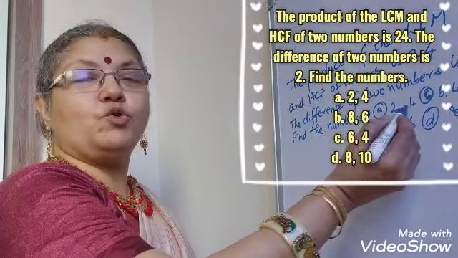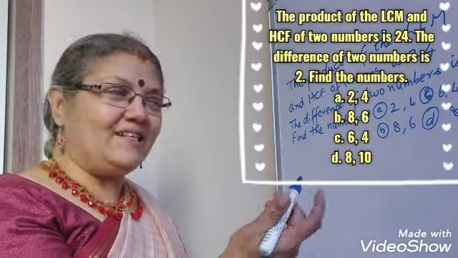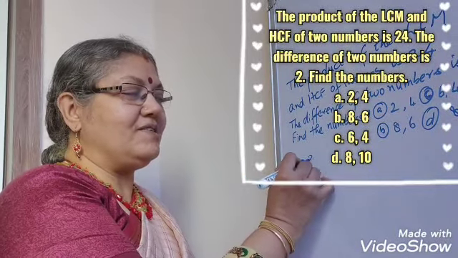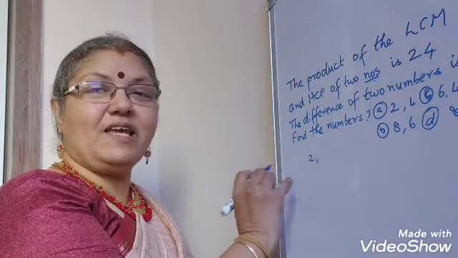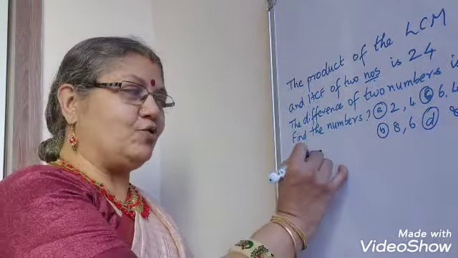So if I say 2, 4, what is the LCM? For those of you who do not know your LCM, you write out all the multiples of 2: 2, 4, 6, 8, etc., and the multiples of 4 because your options are 4. So here 4, 8, etc. Which is the lowest common one? You notice that 4 is the lowest common one. So you will have your LCM as 4.